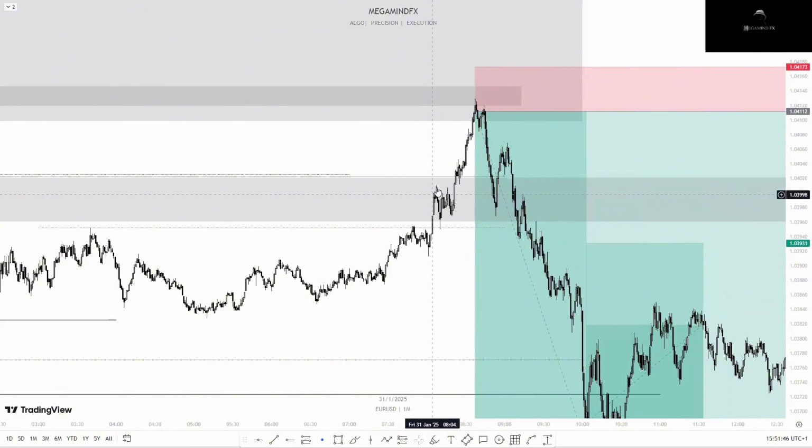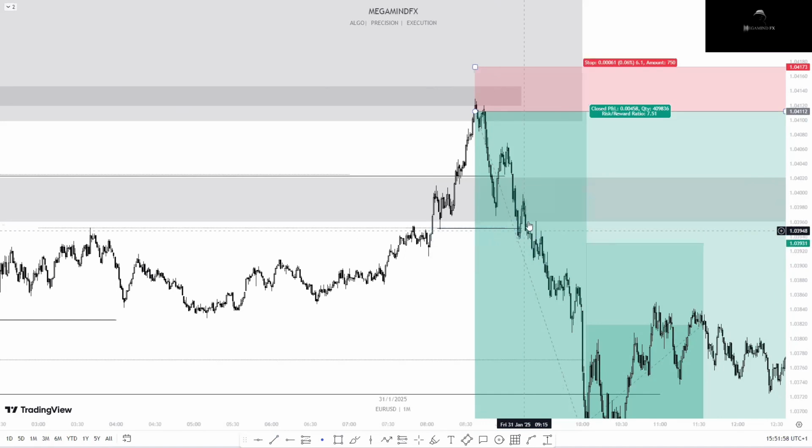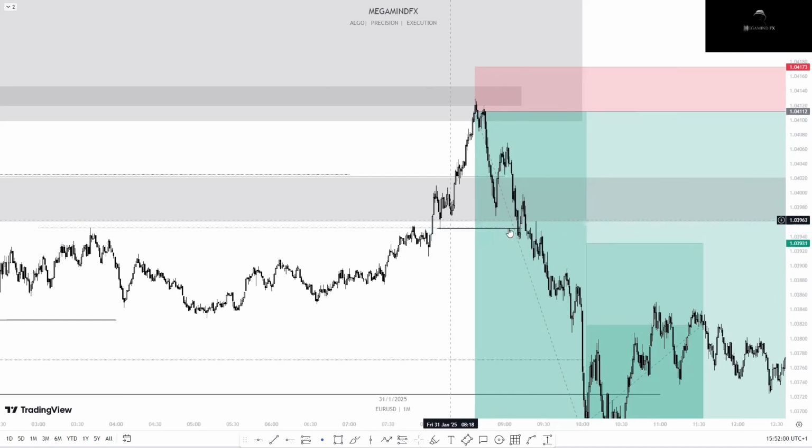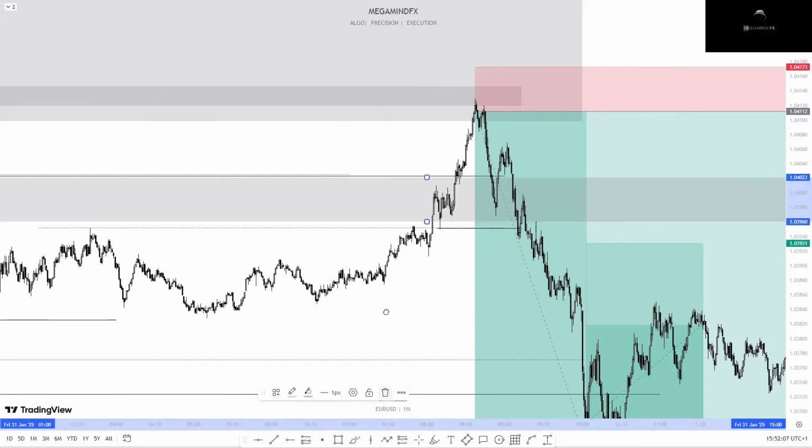Price was supposed to mitigate this, react from that level that took that guy out here, and continue to buy. You get it now? This area was meant to buy after the sweep. It was meant to continue buying. But what happened? It failed to continue buying, and that area becomes my next sell area.